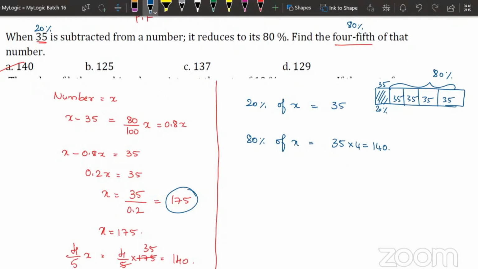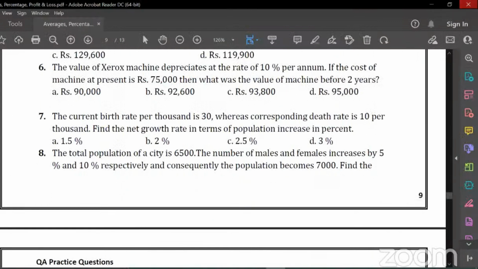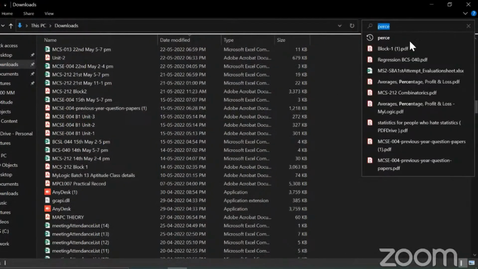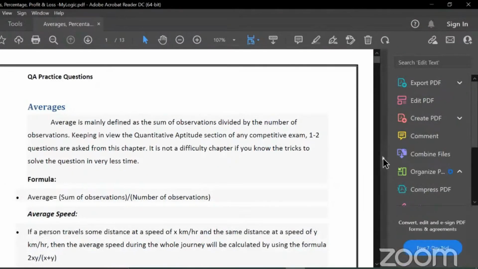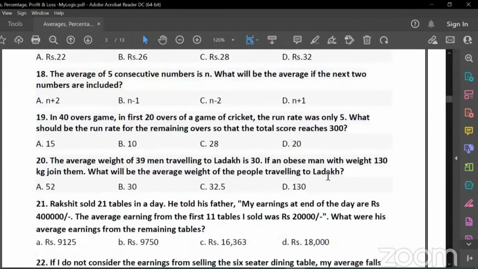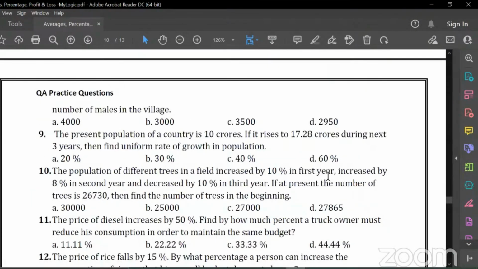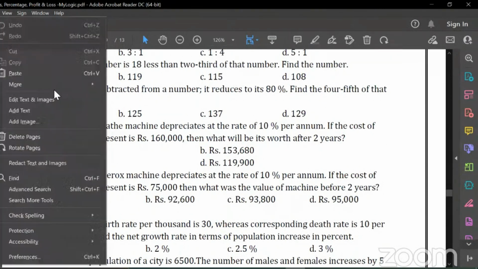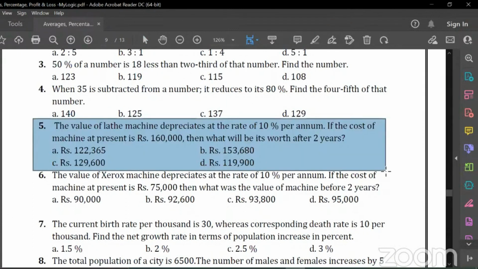Now we will solve the next question. I'll try to copy it again. See, here we have the value of a machine that depreciates.